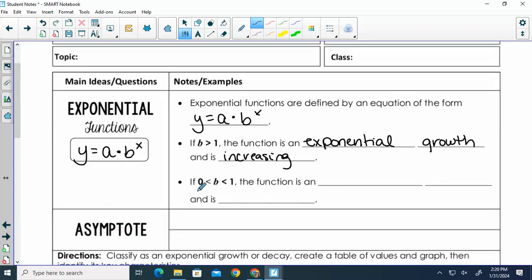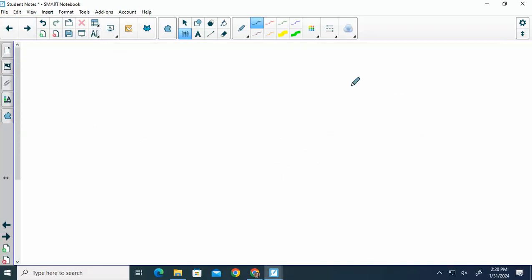But if that base is something between 0 and 1, so if, for instance, I said 1/3 to the x. All right, so if my x is 1, 1/3 to the first power is 1/3.